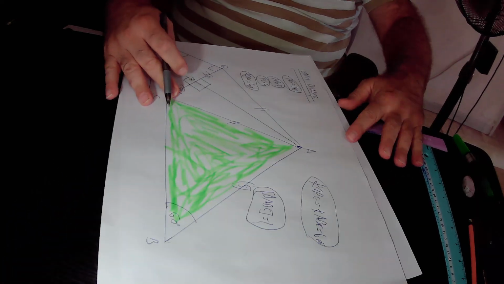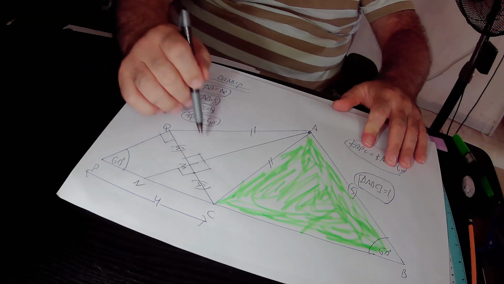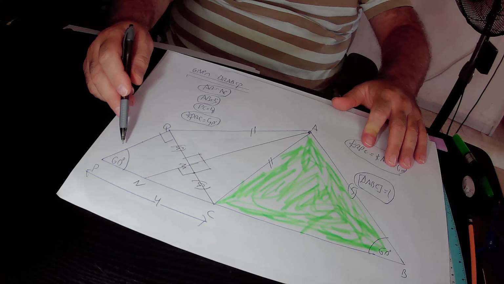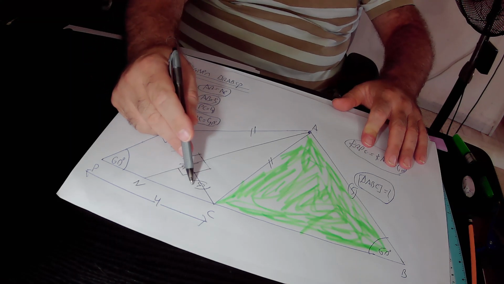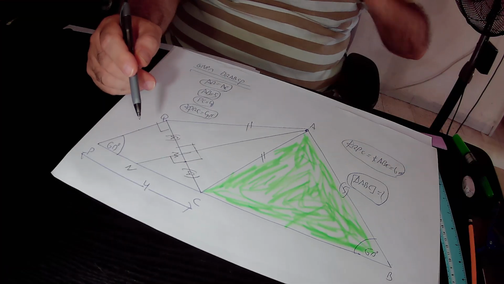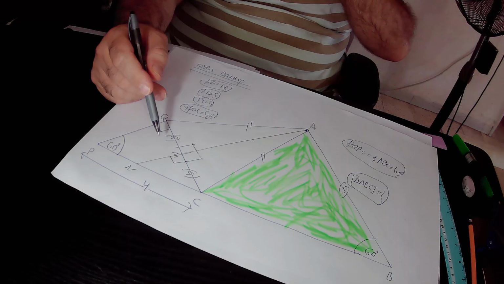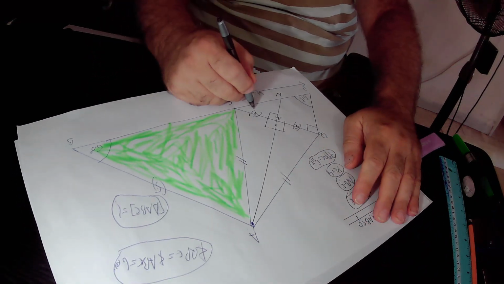In the right triangle PQC, 90 degrees plus 60 degrees is 150 degrees. Therefore, this third missing angle must equal 30 degrees in size, according to the rule that the sum of the angles in any triangle is equal to 180 degrees. So, this missing angle must equal 30 degrees in size.